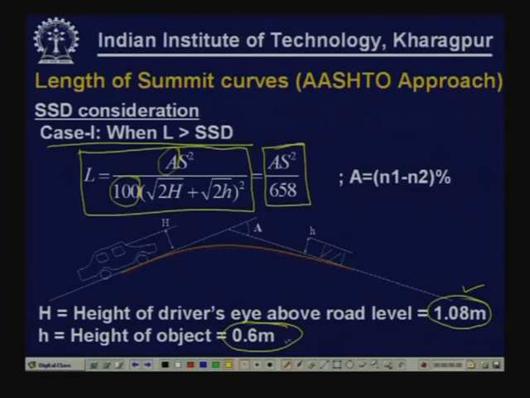So, if we put the AASHTO recommendation about height of driver's eye above road level and also height of the object, then it is a simplified expression like A square by 658.